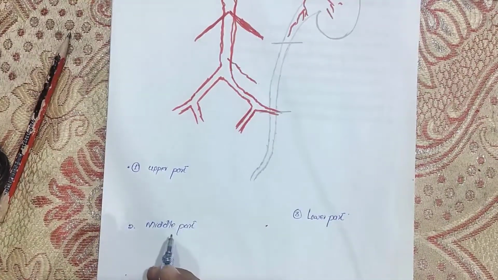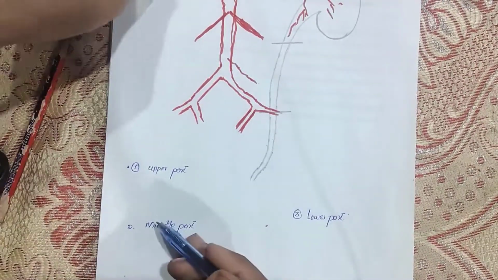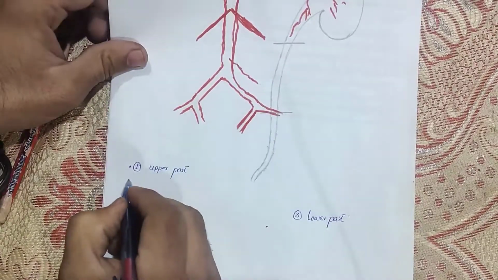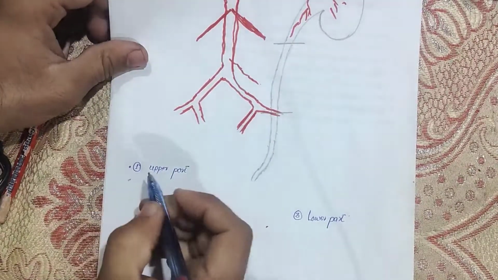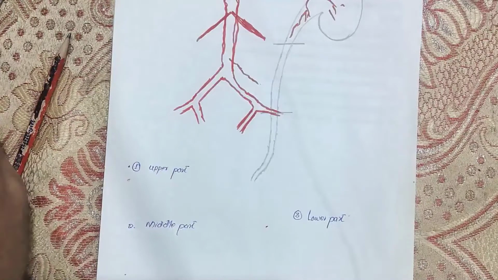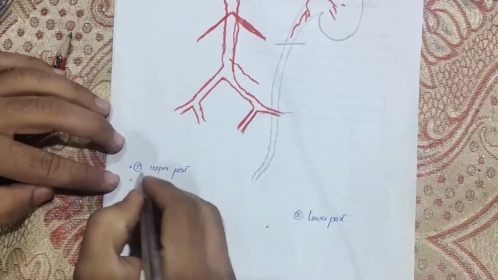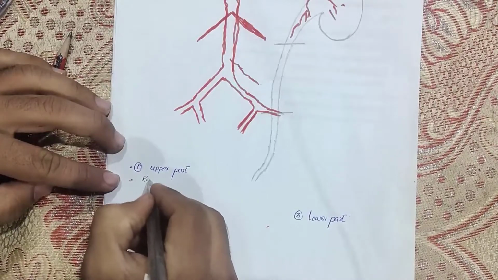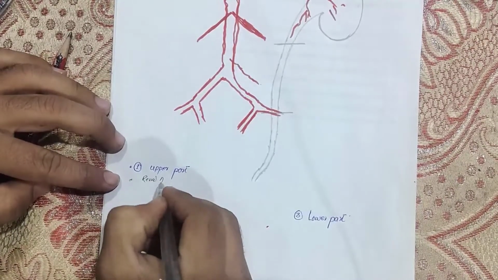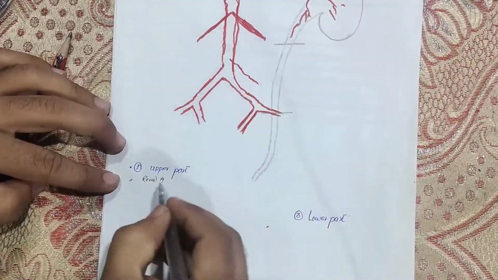At the upper part, the ureter receives oxygenated blood from which arteries? First of all, from the renal artery.